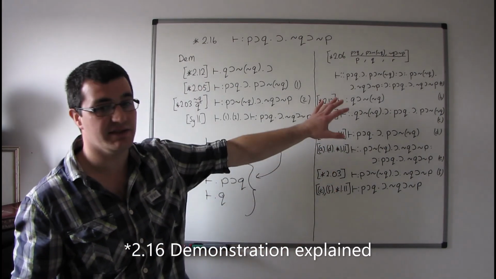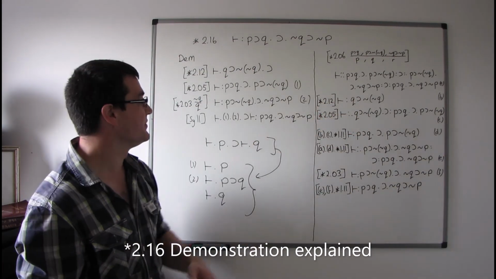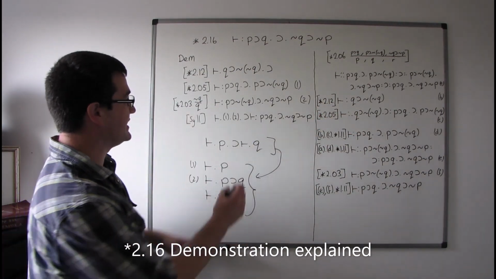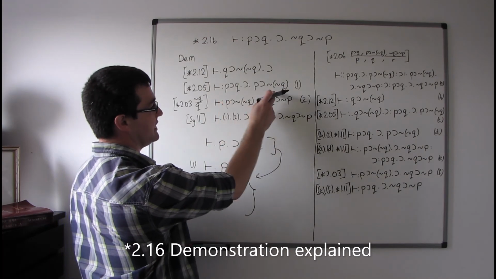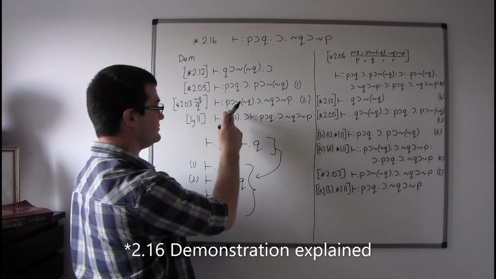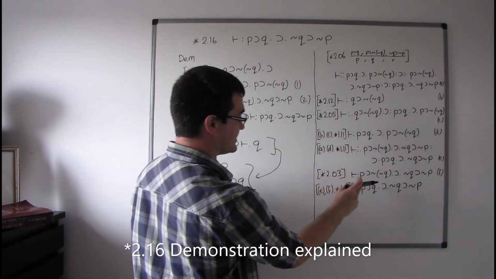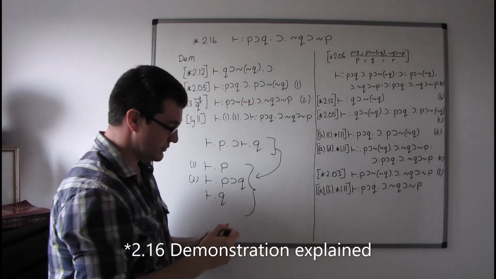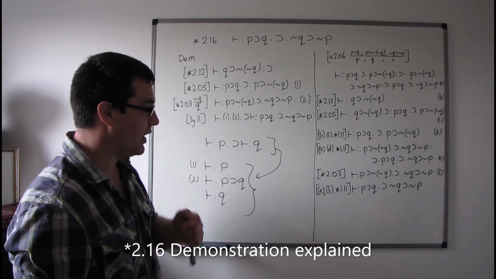And that's what's happening in this fuller demonstration over here. Notice that line 1 here appears as line D, and line 2 appears here as line F. But I've got to deal with them separately.